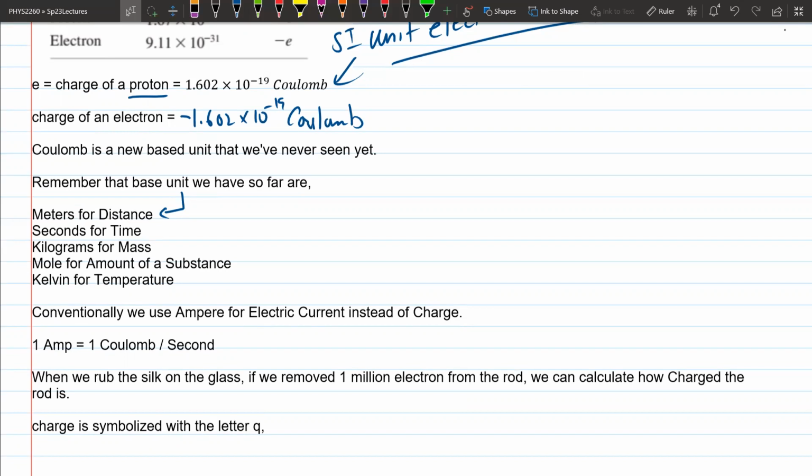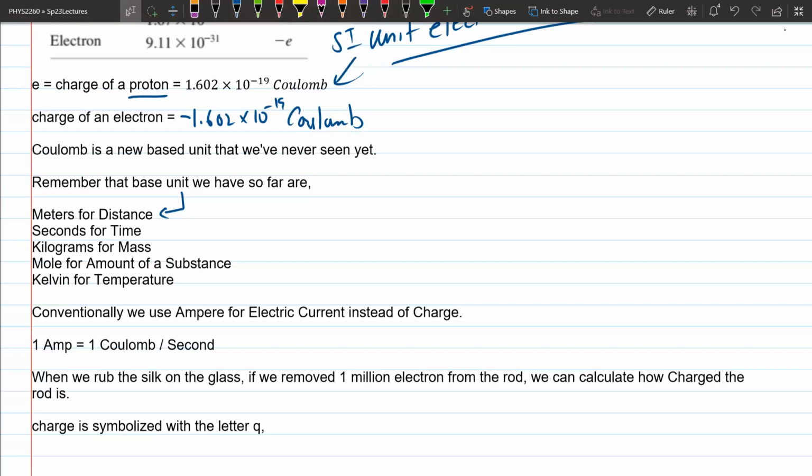The amount of substance is called mole. Those of you who know Avogadro's number, 6.022 times 10 to the positive 27, I think. And we actually use Kelvin for temperature, but we haven't really dealt with Kelvin yet.